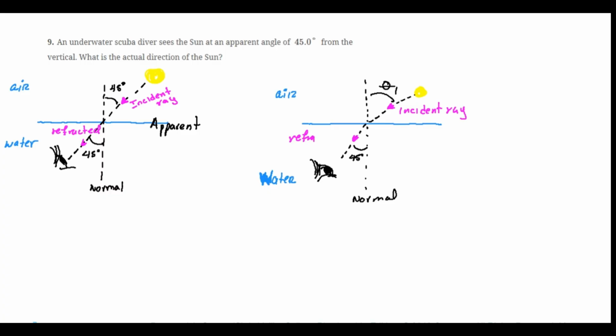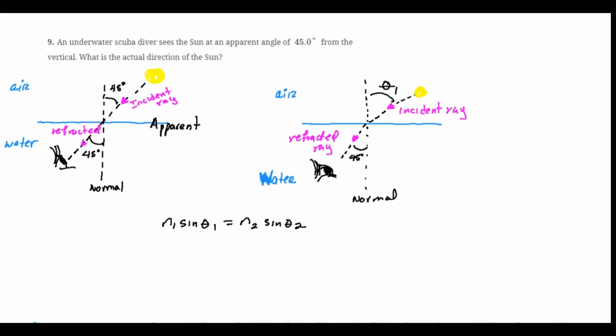So we're going to now calculate that. So we know that in this case, n1 sine of theta 1, using Snell's law, is equal to n2 sine of theta 2. We want to calculate theta 1.